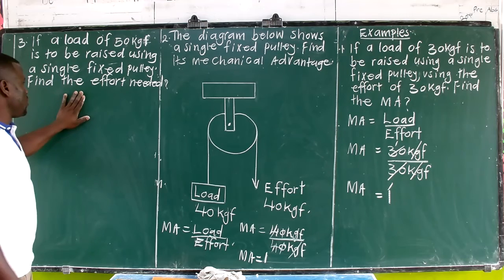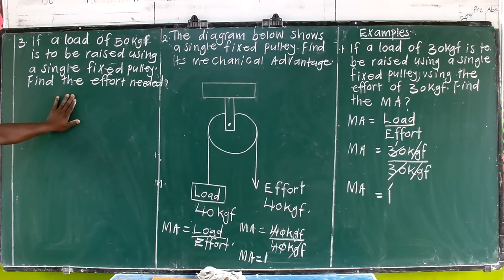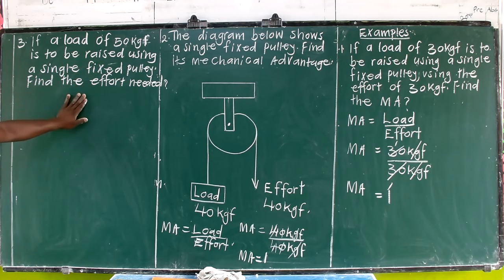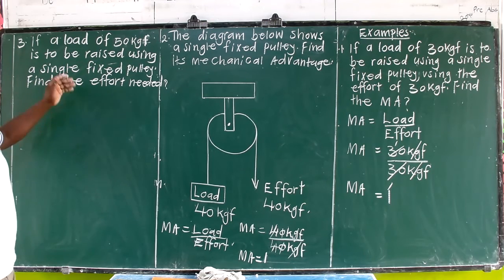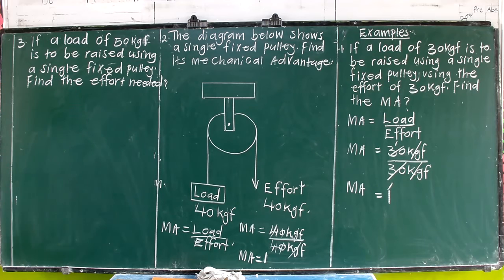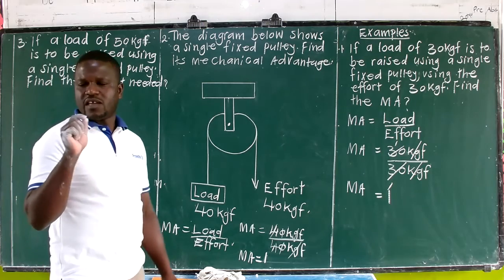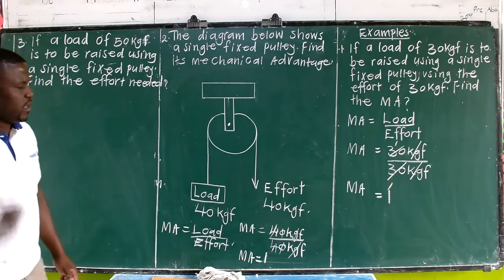So this question is supposed to find the effort. We know the load, we don't know the effort, but the mechanical advantage is obvious. It is 1, because a single fixed pulley has a mechanical advantage of 1 simply because the effort applied is equal to the load.